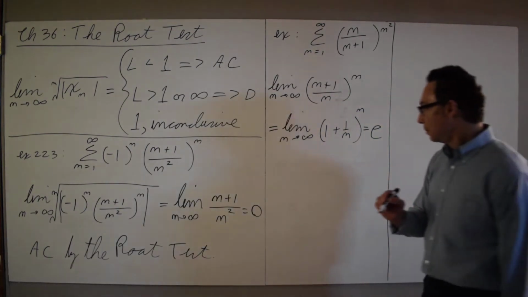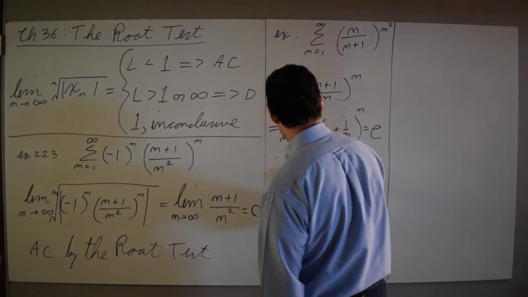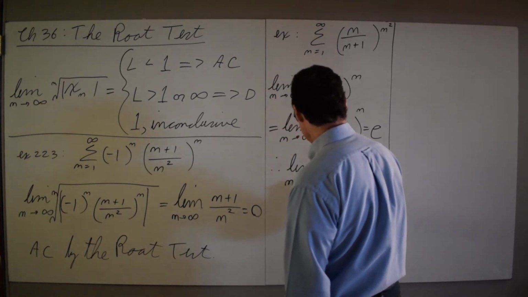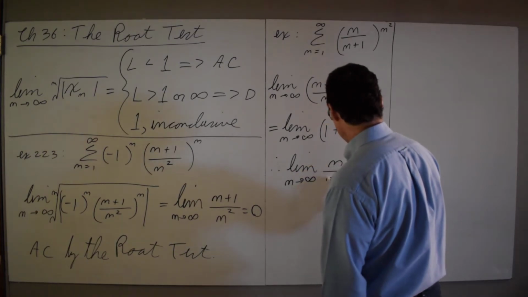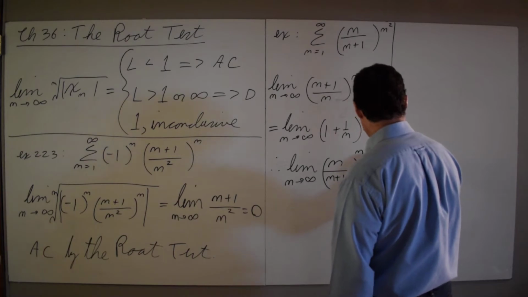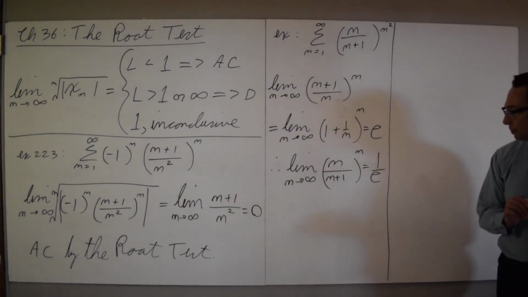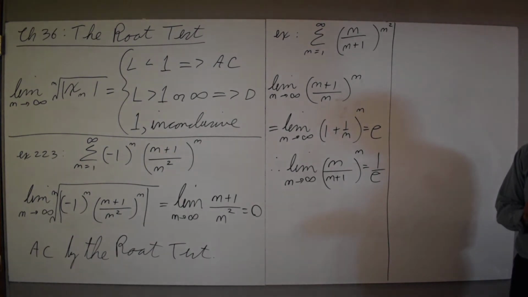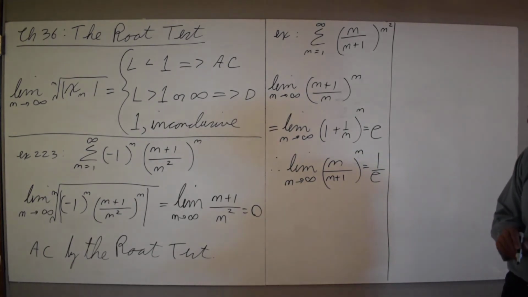Because of that, the limit as n goes to infinity of the reciprocal, n over n plus 1 to the n, is the reciprocal of Euler's number. So we want to keep this in mind as we apply the root test.